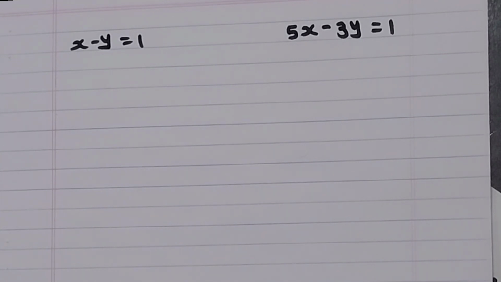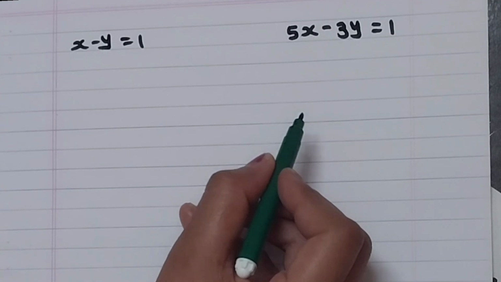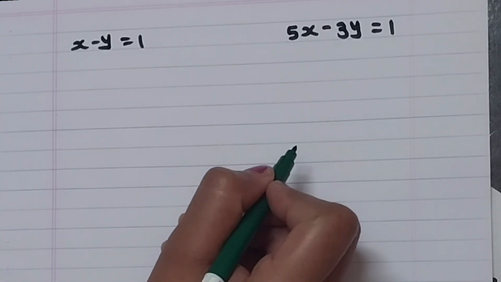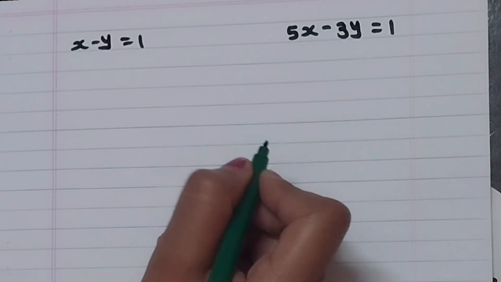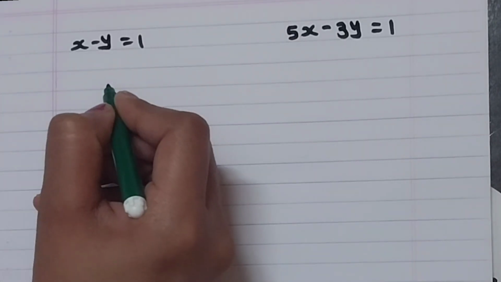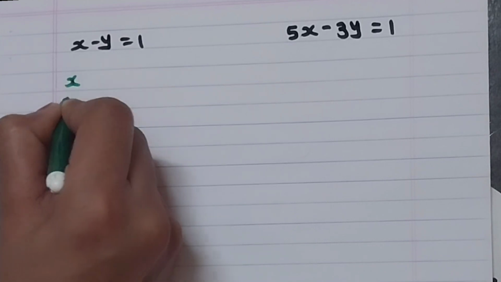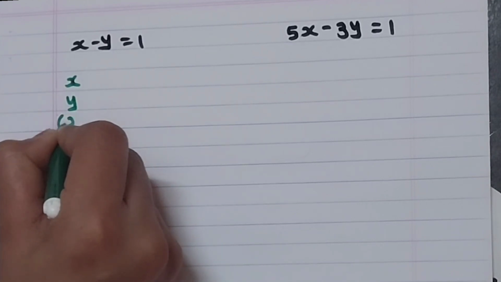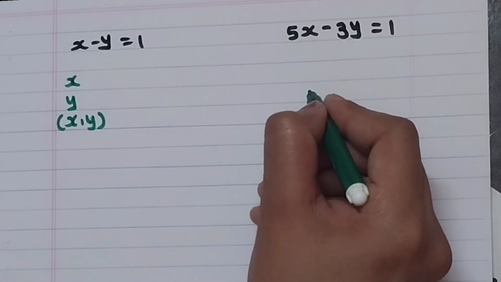तो हमें क्या करना है, हमें ये दो इक्वेशन पहले ग्राफिकल मेथड से सॉल्व करने हैं। तो ग्राफिकल मेथड से सॉल्व करने के लिए हमें पहले क्या करना है, टेबल फॉर्म करना है। We have to first obtain a table for the coordinates. So x, y are the variables here.